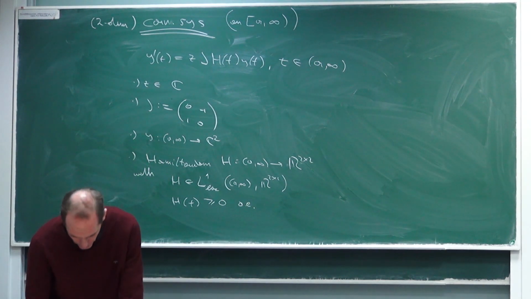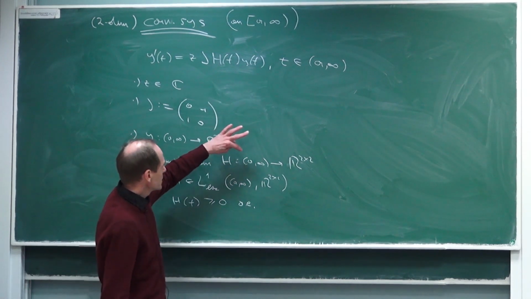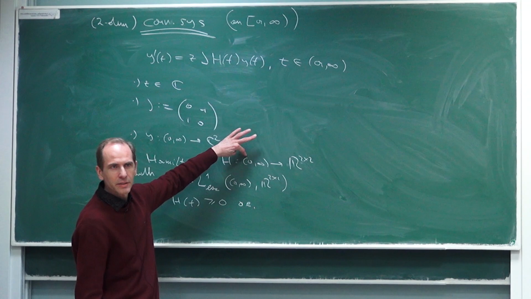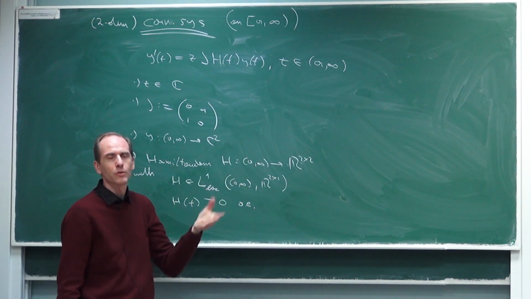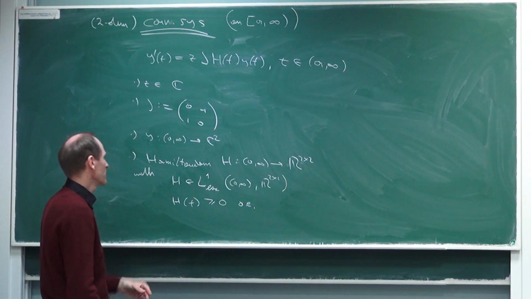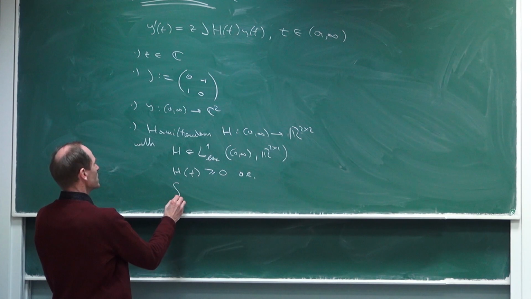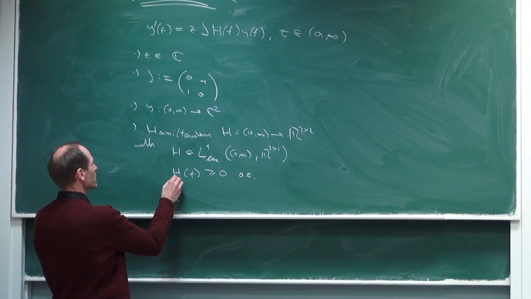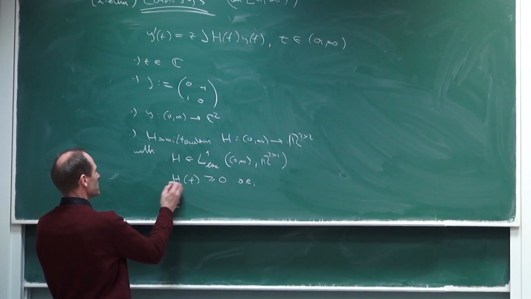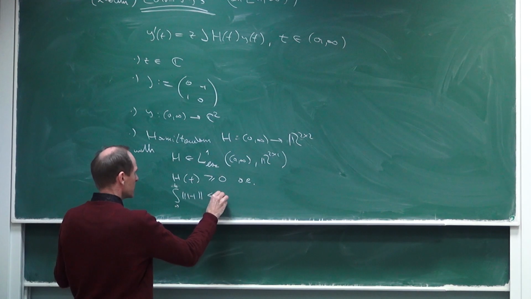And I'll look, in this talk, at canonical systems where the Hamiltonian behaves nicely at the left endpoint, so that we can talk of an initial value problem, and it's not nice at the right endpoint. So what we assume is that the integral from a to a plus b of the norm of H is finite.